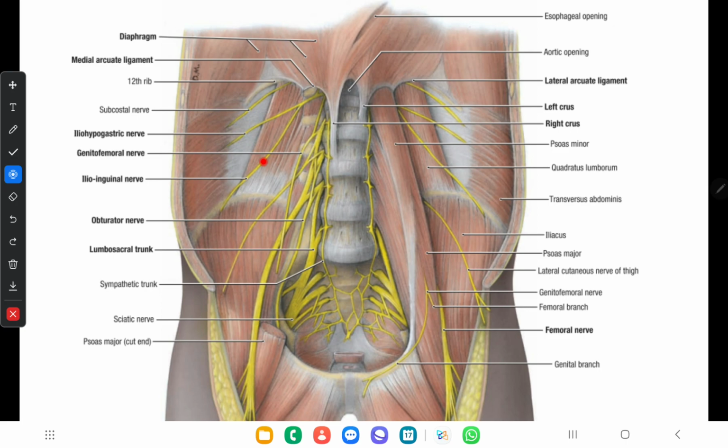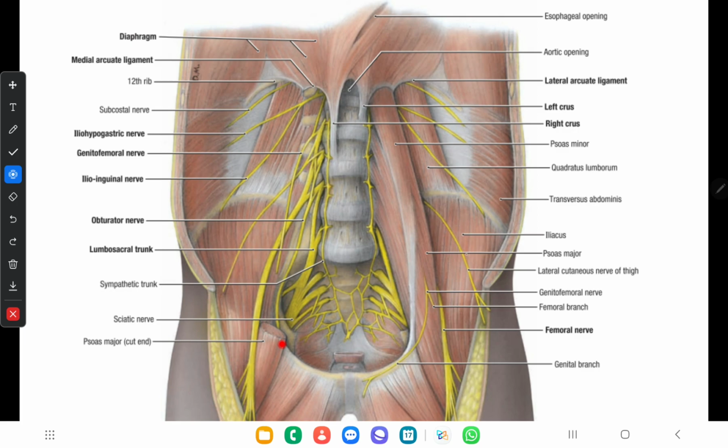Here, in this area there is the inguinal canal, and the ilioinguinal nerve passes through it. And then it supplies the skin of the groin and scrotum or labia majora.